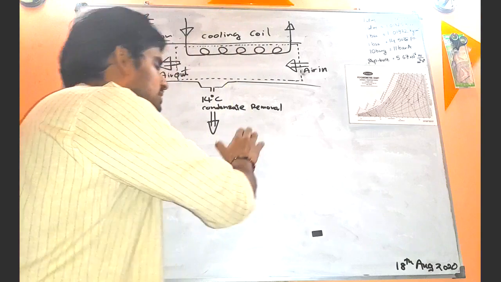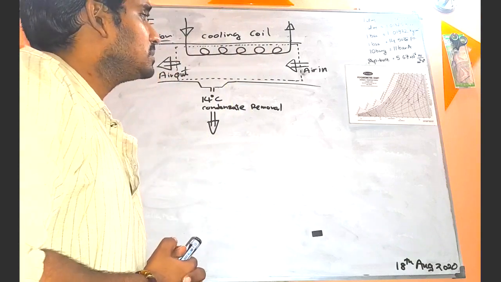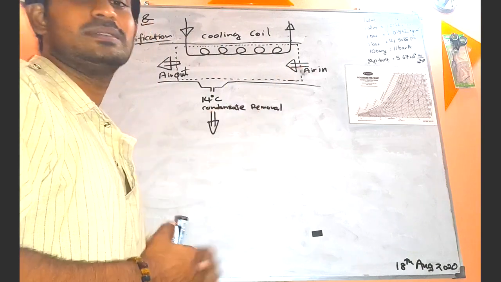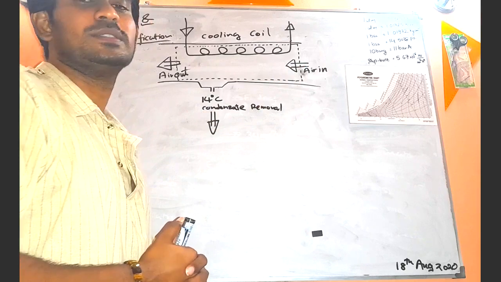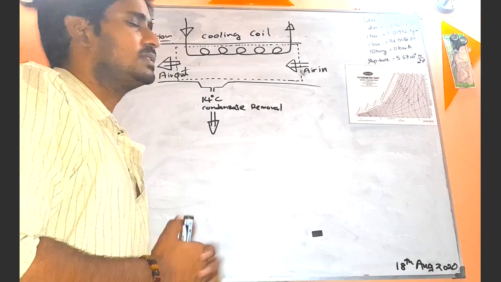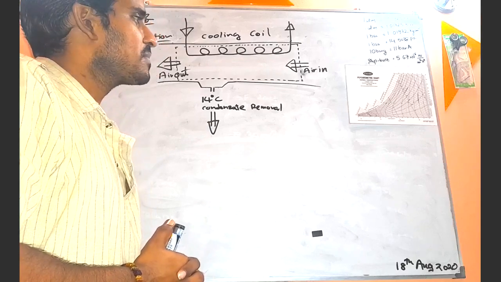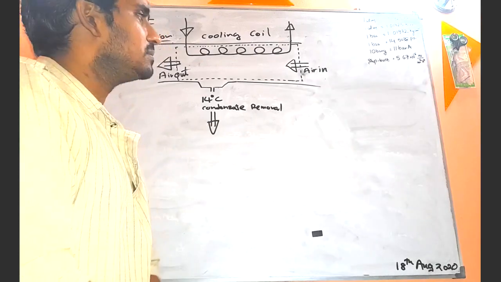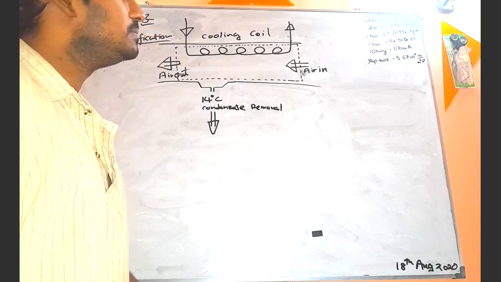When solving this problem, the number one thing is that you have to find the thermodynamic properties or parameters for the input side. What is the initial information given to us? They have given us the temperature, the dry bulb temperature, which is 30 degrees Celsius, and the relative humidity as 80%.